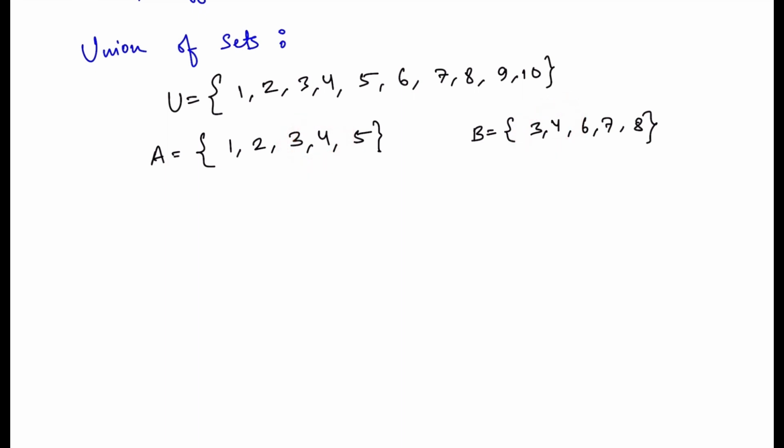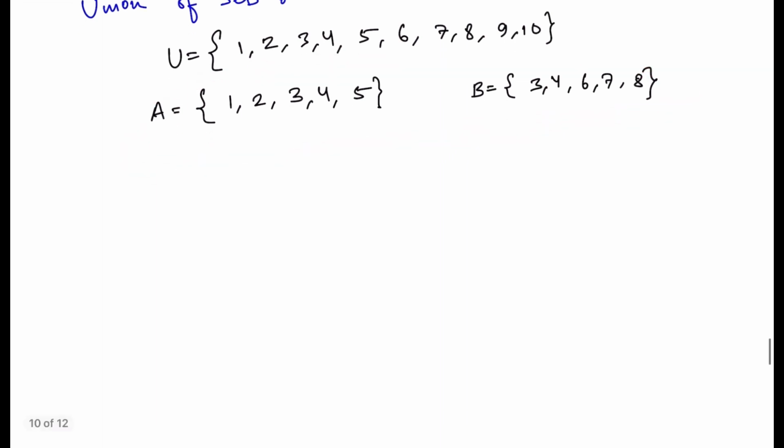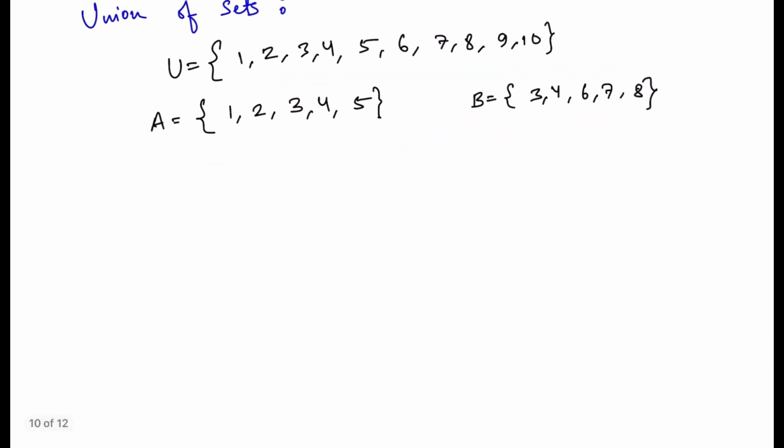Now we are studying union of sets. So union of sets means a set that has elements of both the sets. Suppose we are going to write union of A and B. Union of A and B is a set that has elements of A and elements of B. This is the meaning of union.